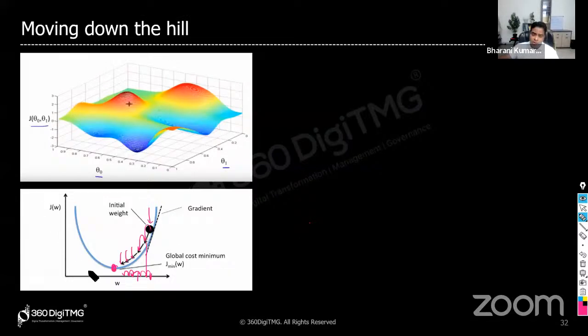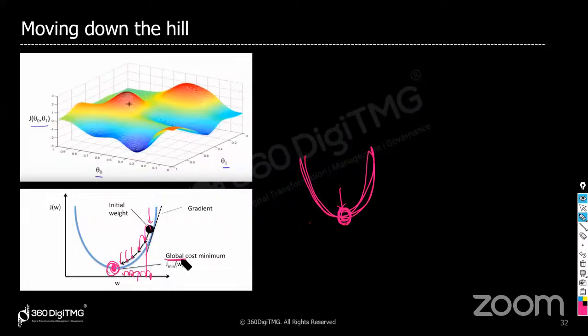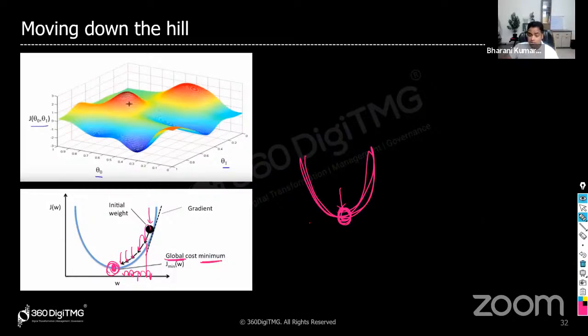If you have only a single curve like that, quadratic curve, you know that you have only one minima, and that would be called as a global minima. However, in practical world, it won't be like that. It won't be a simple quadratic thing. It'll be like this. When it is like that, you'll have multiple minima.